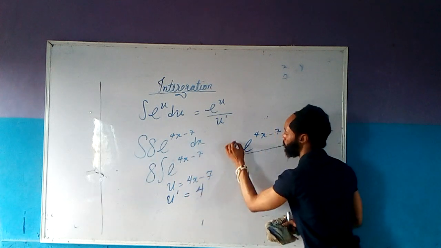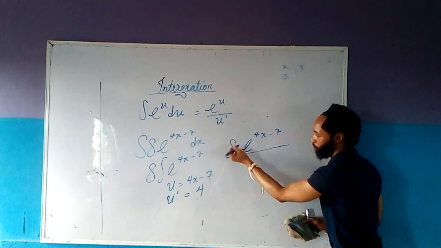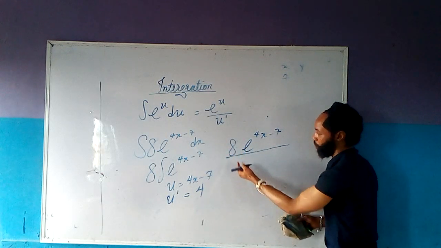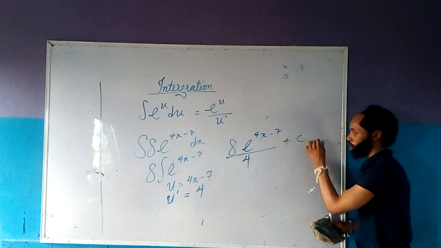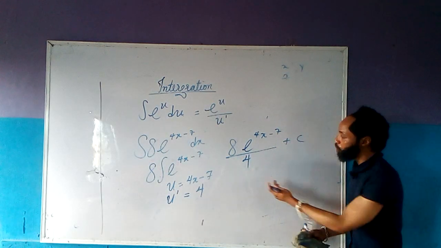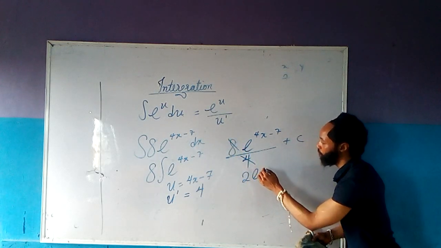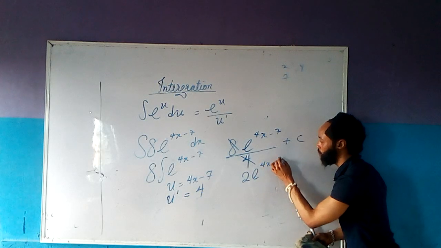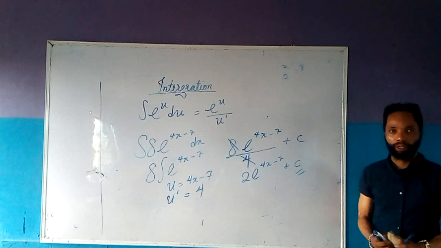Remember, the 8 is going to be multiplying everything. Divided by u prime, which is 4, plus c. The 8 over 4 gives 2, so we have 2e raised to the power 4x minus 7 plus c. This is our answer for this case.